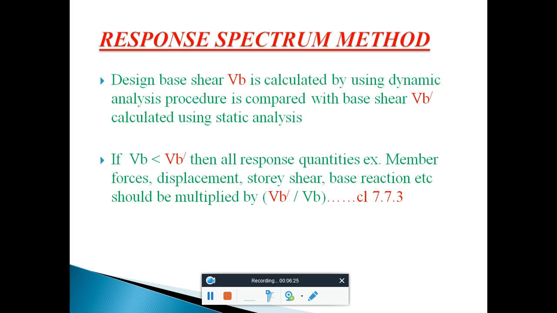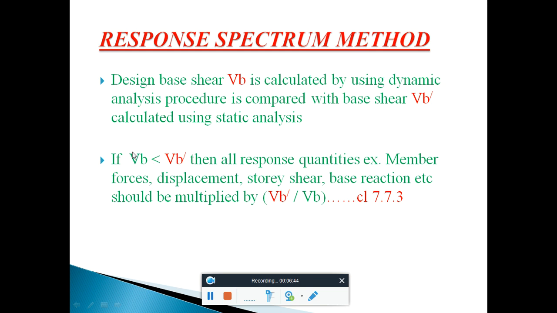Another important thing: by the response spectrum method you will calculate the design base shear VB. Now calculate the design base shear VB dash by using static analysis, and compare these two.